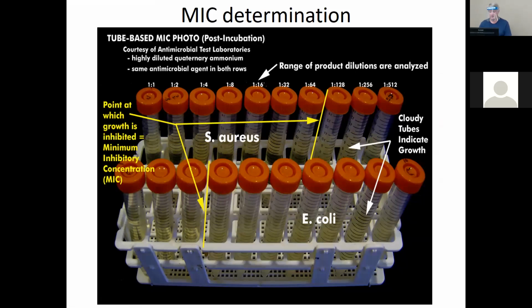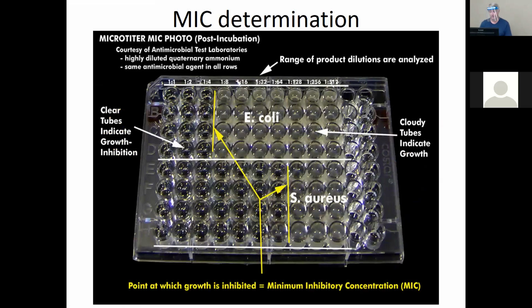Staph aureus doing the same, looking at a different way of doing it with the tubes. Cloudy tubes indicate growth. Here's what we're going to be looking at more on Thursday. MIC interpretation as we went, right?